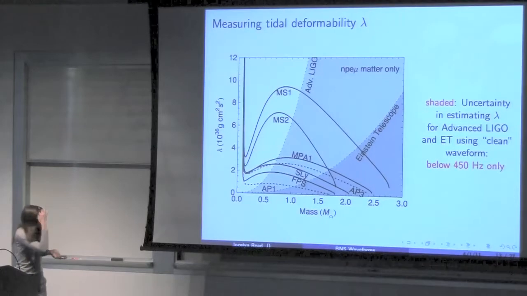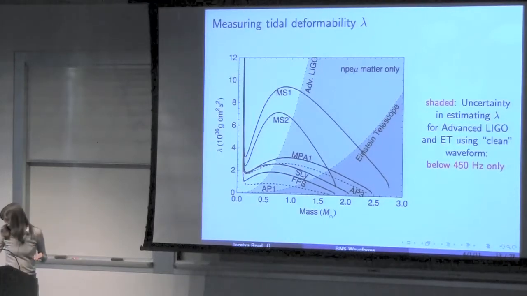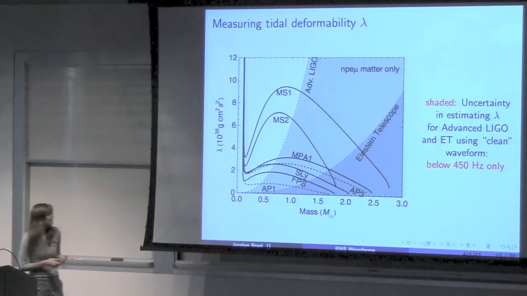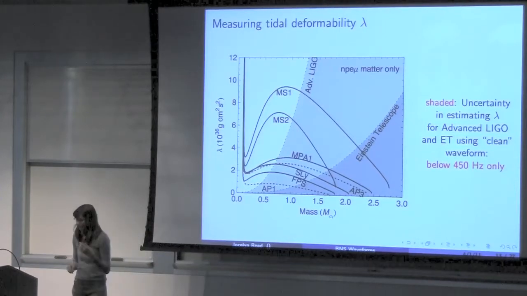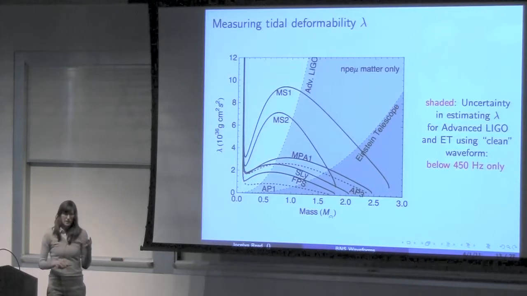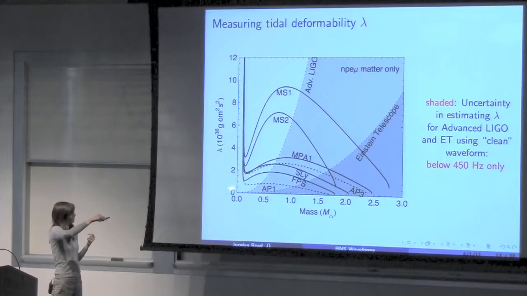So you can put all this into a model for the waveform, which Tanya did, and calculate the modifications of the waveform with this lambda parameter for each system. And this gives you an expected error.